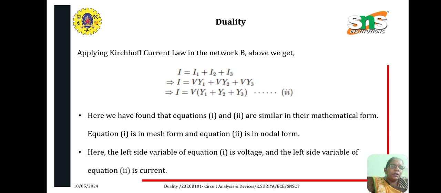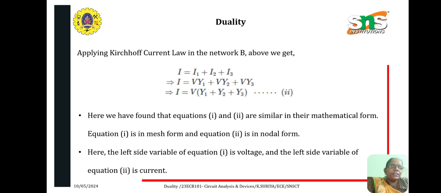I1 is nothing but V into Y1, I2 is V into Y2, I3 is V into Y3. When we take V as common, you will get I is equal to V into (Y1 plus Y2 plus Y3). See here we find that equations 1 and 2 are similar in mathematical form.